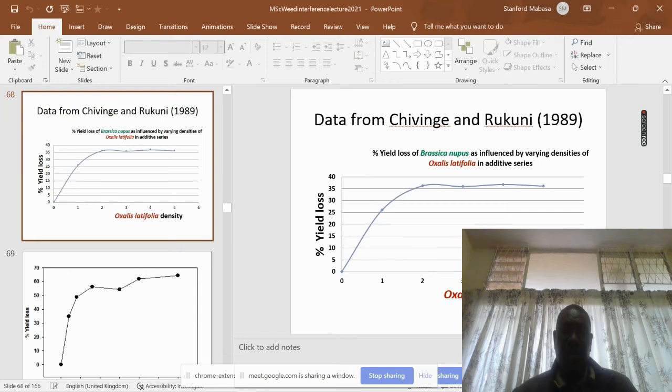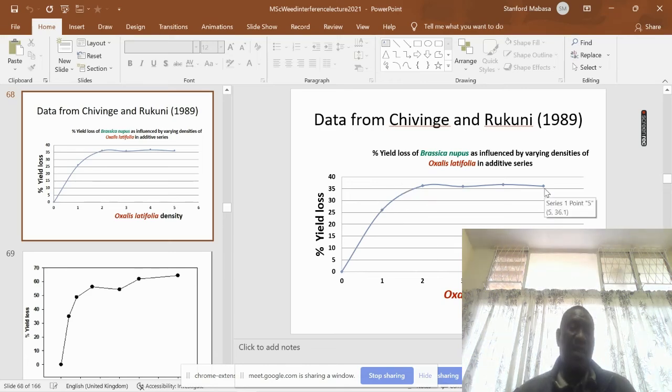Now, should we plot the percentage yield loss of the same data, we get what Cousins was suggesting, the hyperbolic curve, which has got two parameters, the slope and the maximum yield loss.